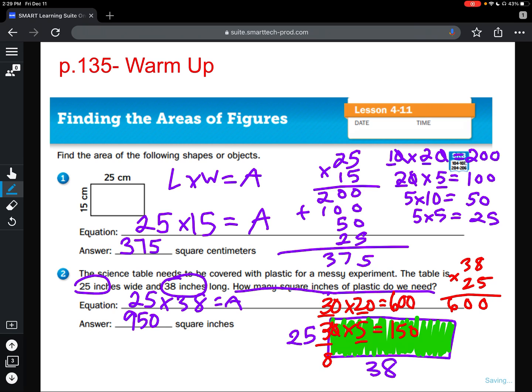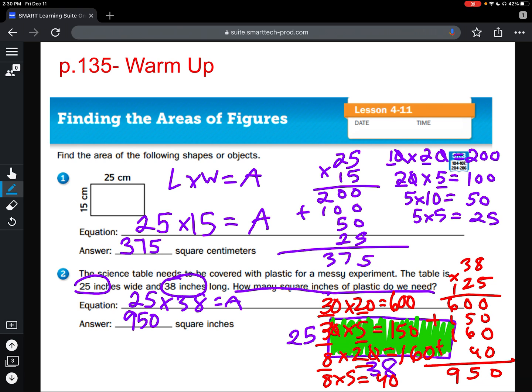Then I have 8 times 20, which gives me 160. And then I have 8 times 5, which I know gives me 40. When I add these together, I'm going to get 950. Okay? All I did was do length times width equals my area.